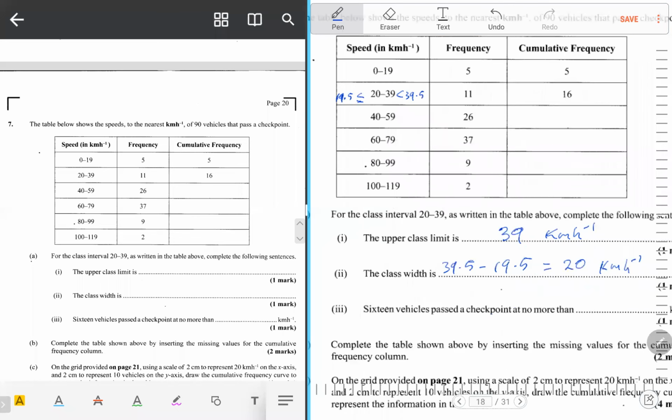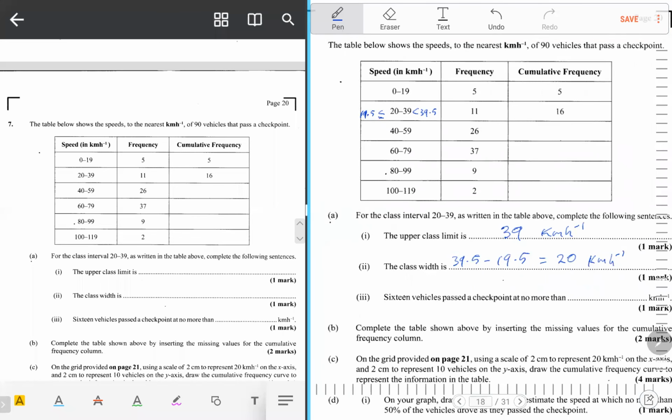It says now, 16 vehicles pass a checkpoint in no more than what speed. So you have 16 vehicles, the total number of vehicles up to this class. Remember, the first 5 vehicles go up to 19.5 kilometers per hour, and then the next 11 vehicles take it up to 16 vehicles.